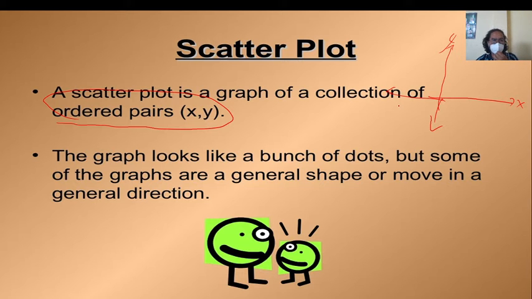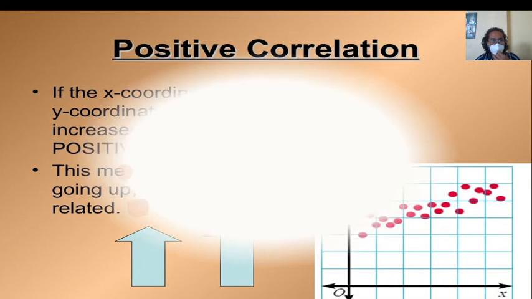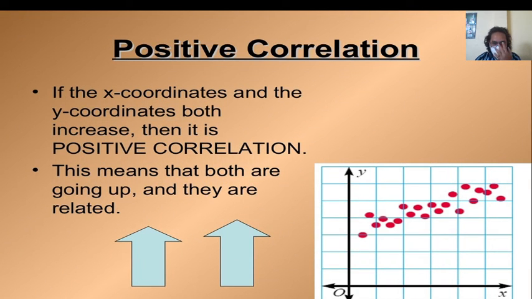The graphs look like a bunch of dots, but some of the graphs have a general shape or move in a general direction. Mga dots daw siya. Dots. And yung scatter plot. Under ng scatter plot, may tinatawag tayong positive correlation.